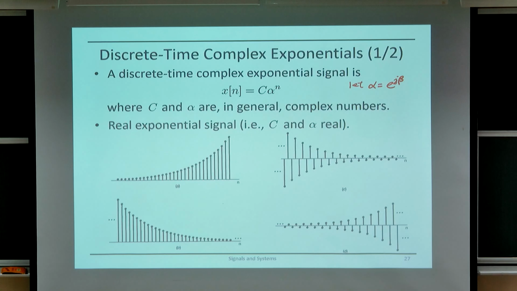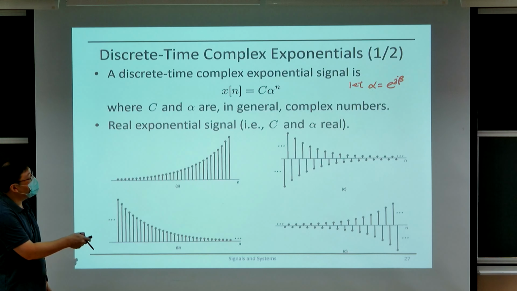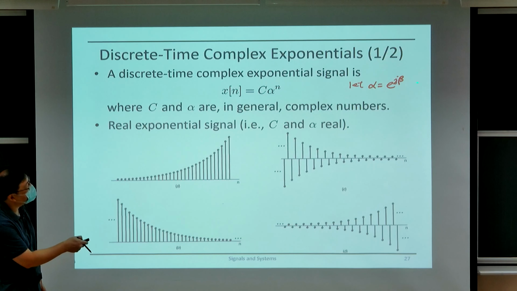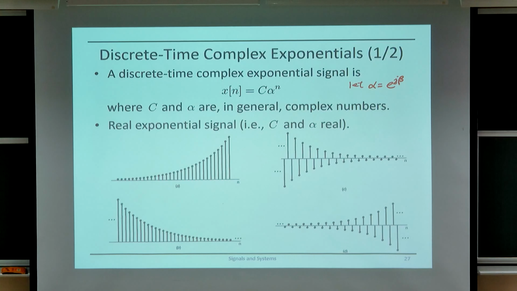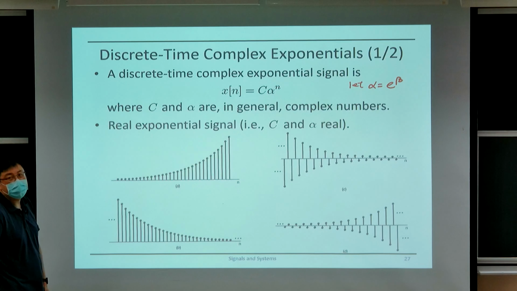For any complex number alpha, you can always find an expression. Oh, I'm sorry, not j beta, but beta. You can always express alpha as e to the power beta for some beta.